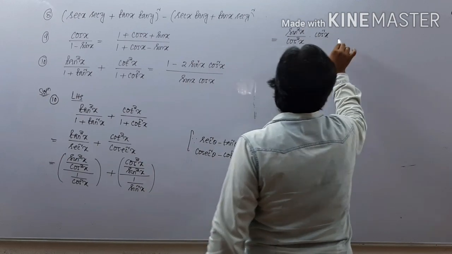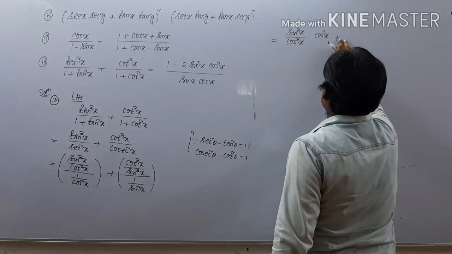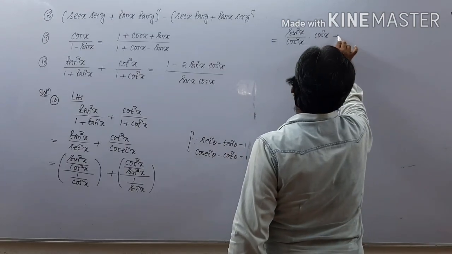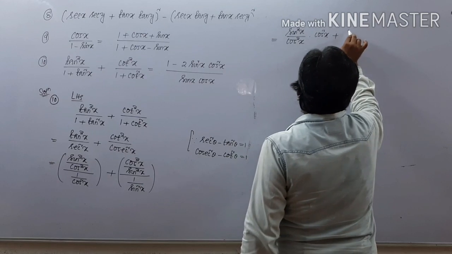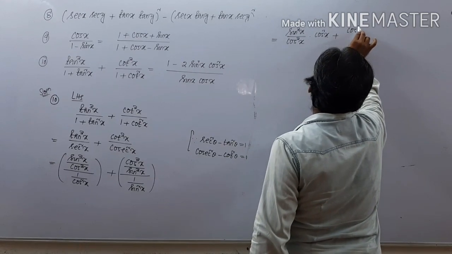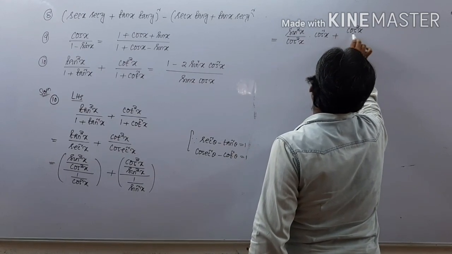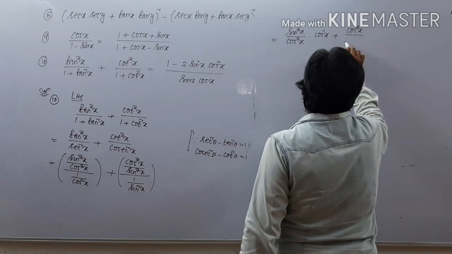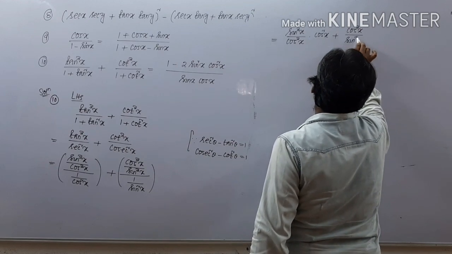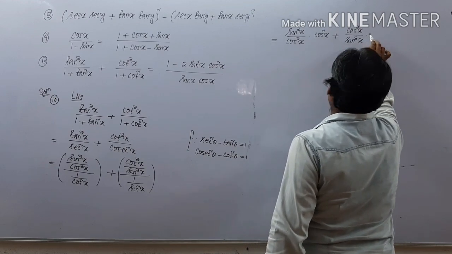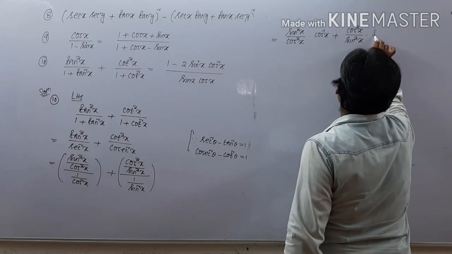Then plus cos cube x by sin cube x multiplied by sin square x.